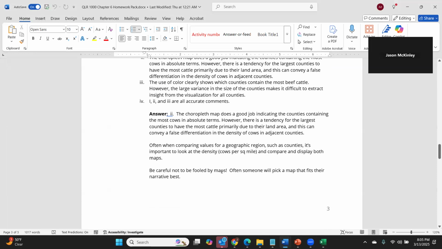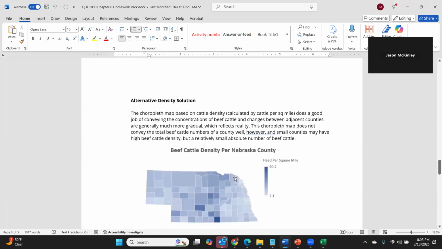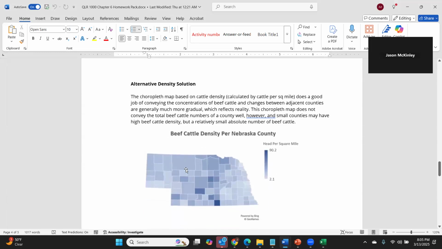Often somebody will show you how many Democrats or Republicans voted by county, and it'll be the absolute number versus the density. And so it can be misleading. So if we were to do the map as a density solution, you see that top county thins out a bit. The cows per square mile are not as prevalent.